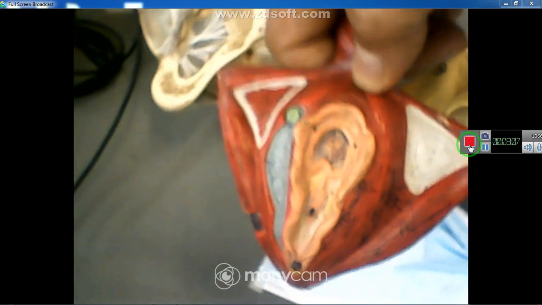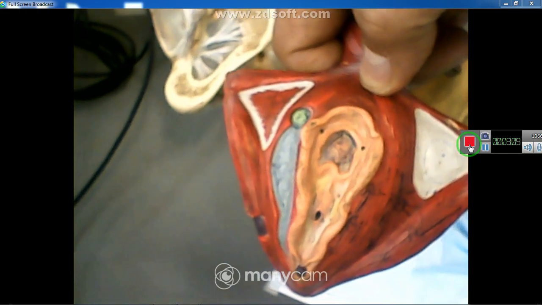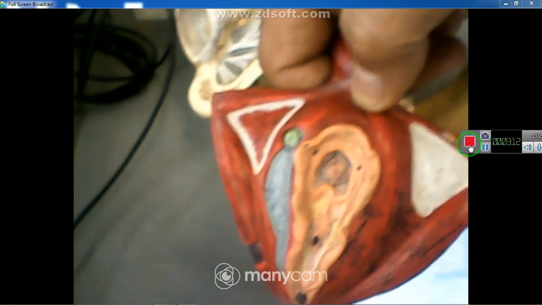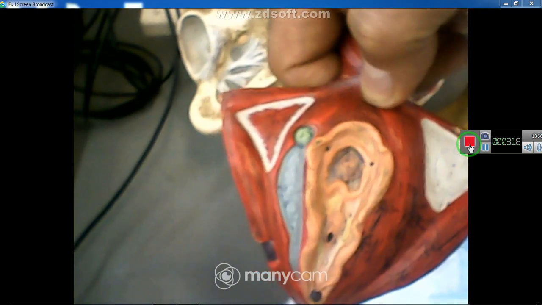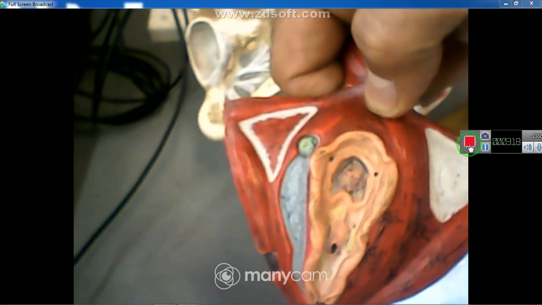The urogenital diaphragm is formed by two fascia, superior fascia and inferior fascia.